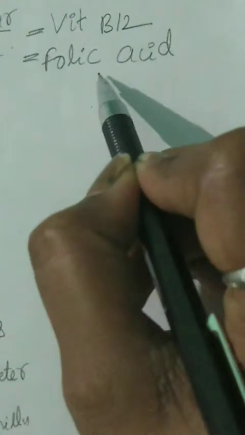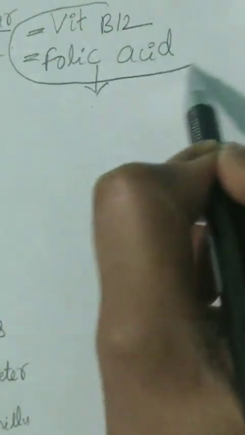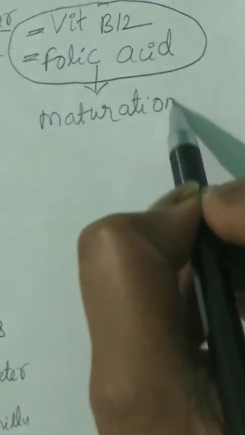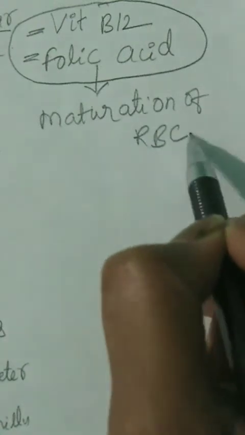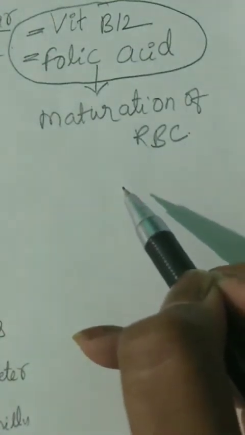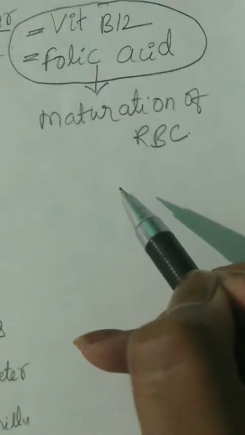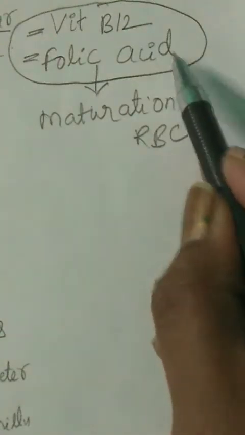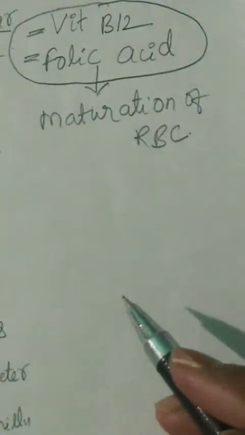Very important. What are the vitamins required? Vitamin B12 and folic acid are required for maturation of RBC.